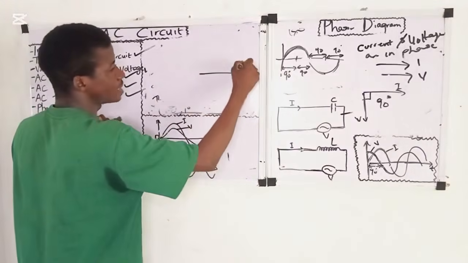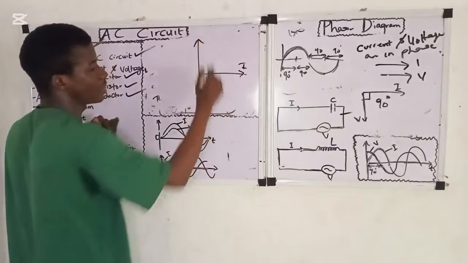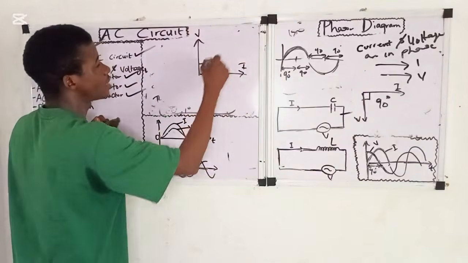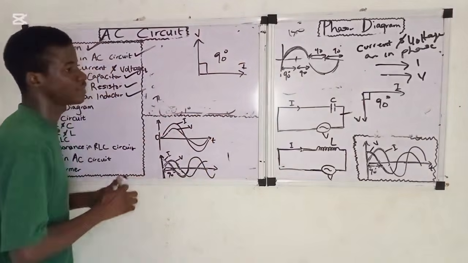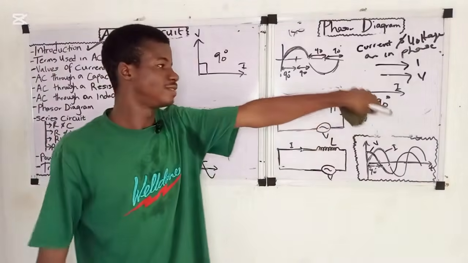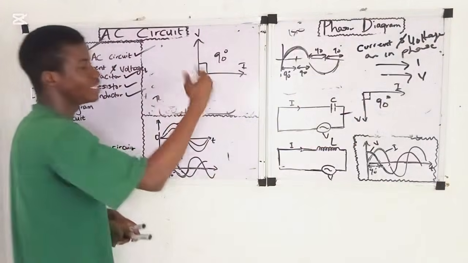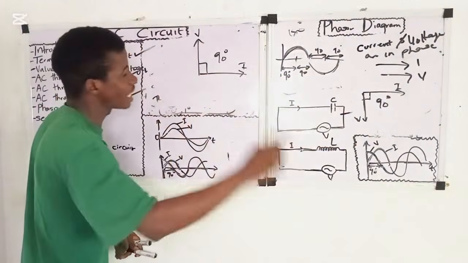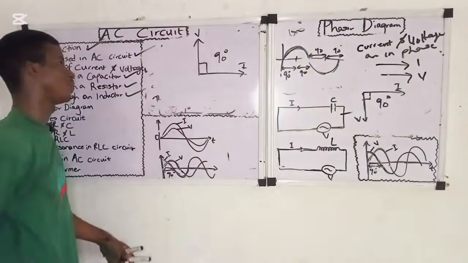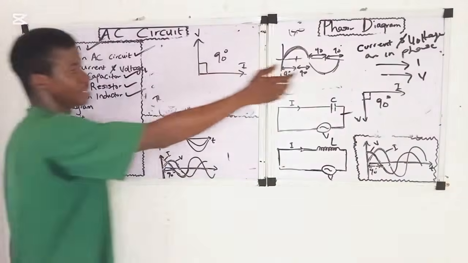So the current is like this, then the voltage goes up. So that is the difference, 90 degrees. In capacitive, the voltage is really down. In a purely inductive circuit, the voltage is really up. So 90 degrees, 90 degrees.